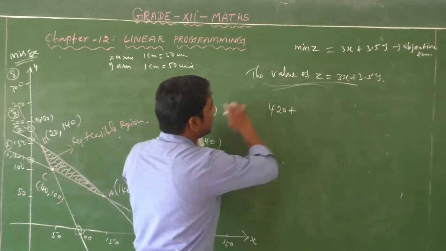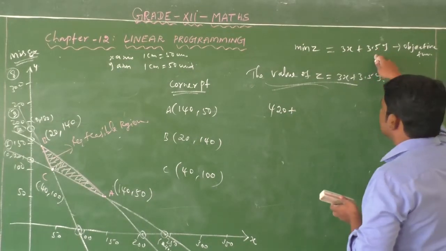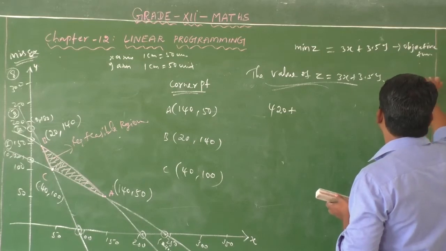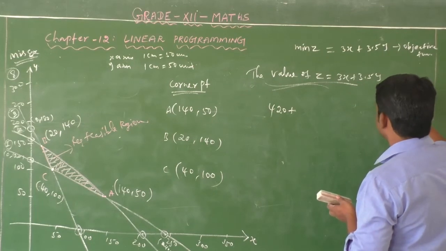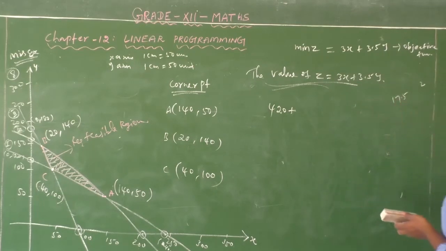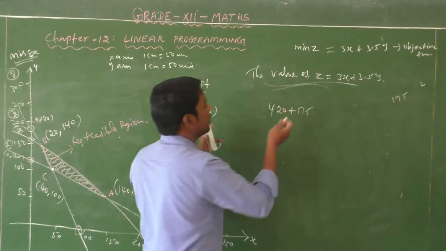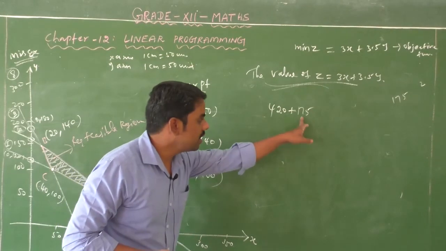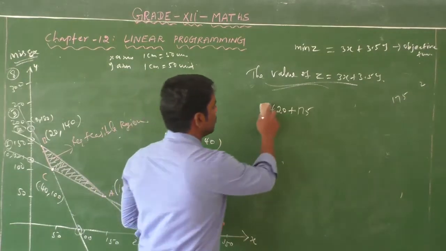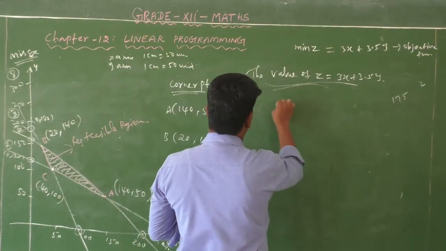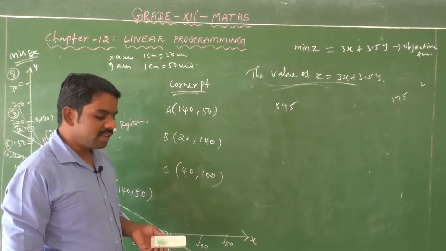Then 50 into 3.5 is 175. 175 plus 420 is 595. Okay? Right. The answer is 595.